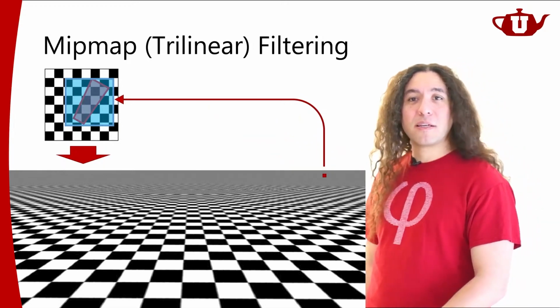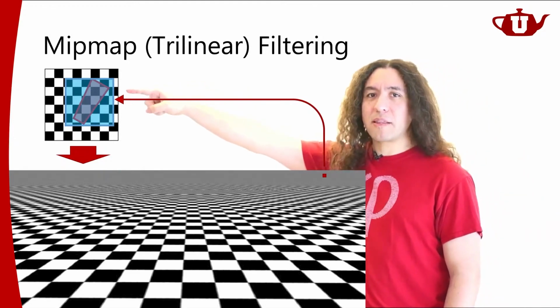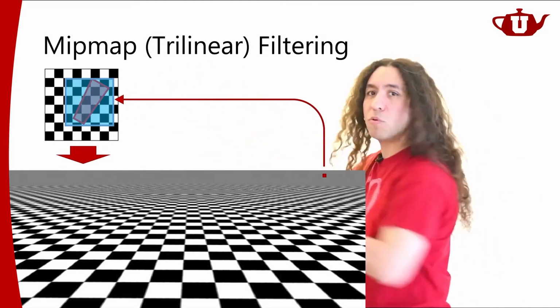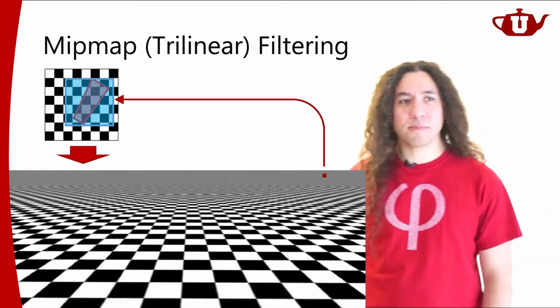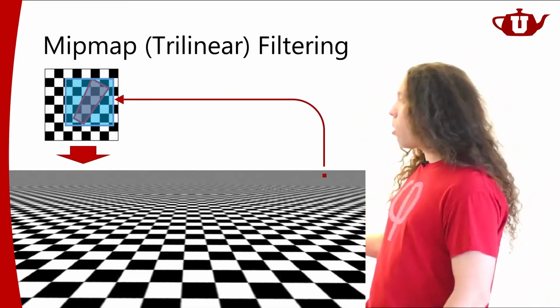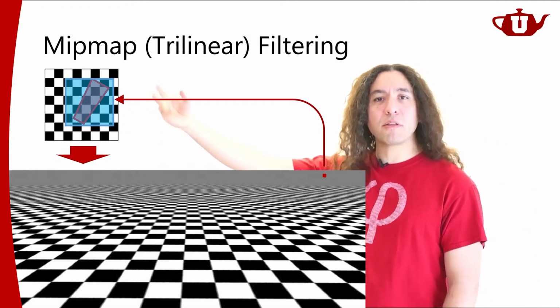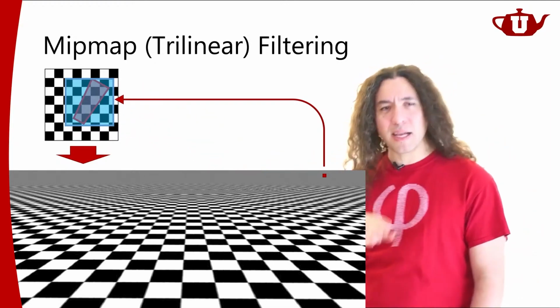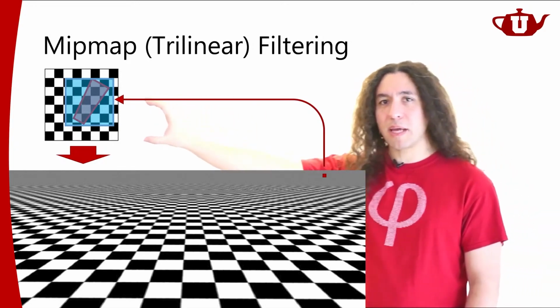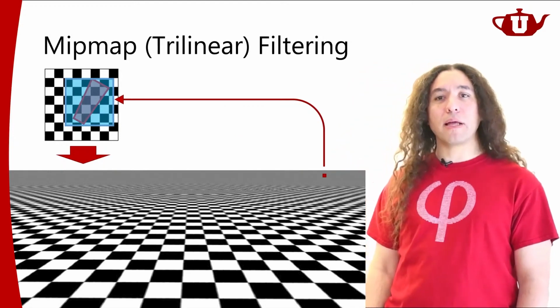I'm going to be using the average color that corresponds to this blue area on the texture space. Yes, I'm using bilinear filtering, but bilinear filtering is approximating the colors of all the pixels for that area. It's not exact, but it's approximating the average color for that area. Right? So that's the whole idea.